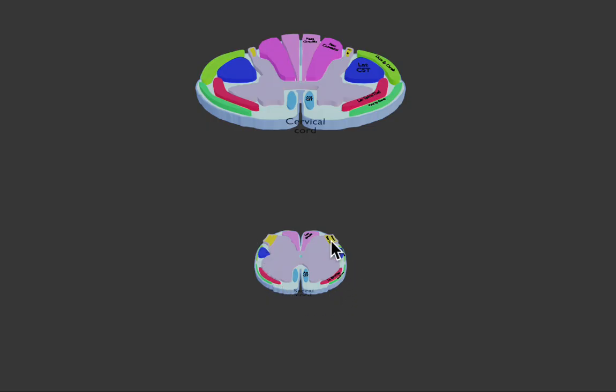But in the sacral level, you can see that the white matter tracts have come down. They have been sent off to supply the respective regions. So lower down, the thickness of the white matter tracts is very thin, appearing as if the gray matter is huge. So that is one of the regional differences you can see between the proximal levels and the distal levels of the spinal cord.